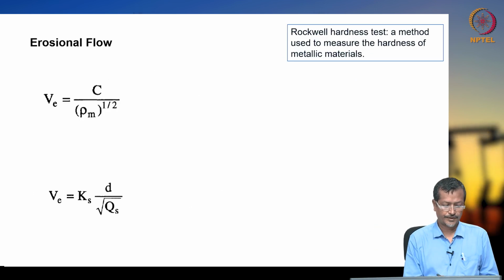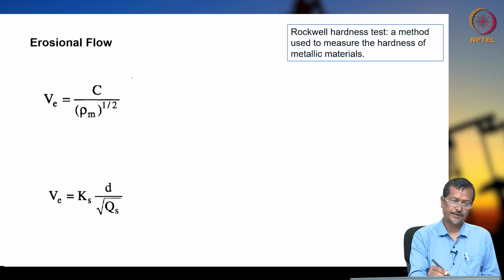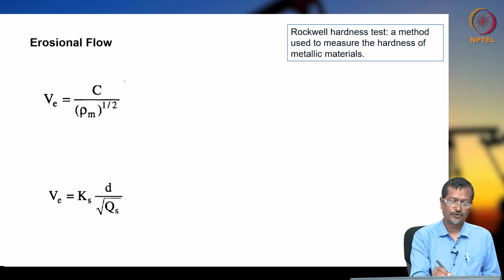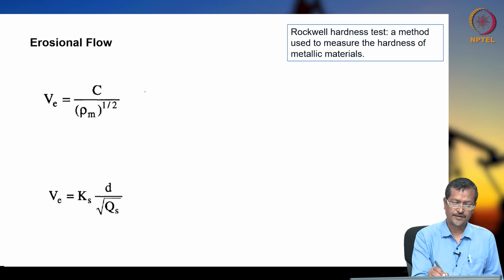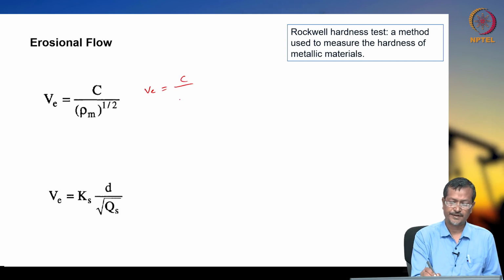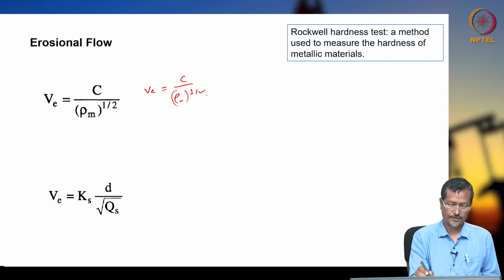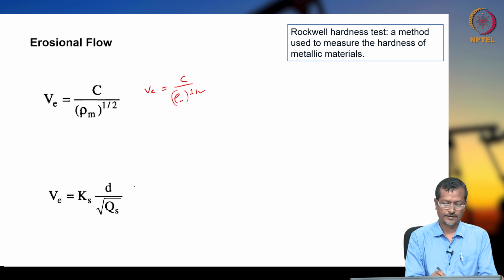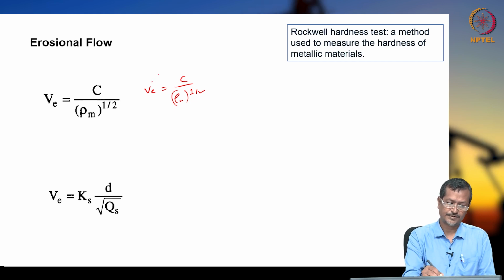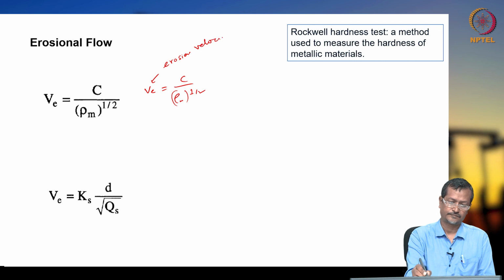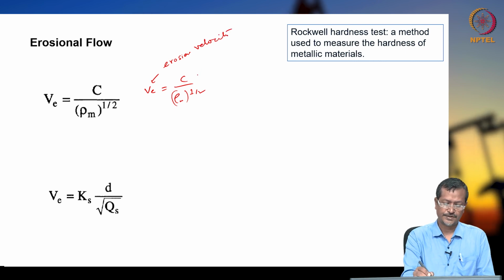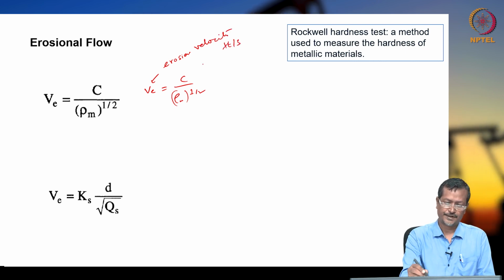When fluid is flowing through a pipe, there will be erosion. Okay, the erosion formula is like this: VE equals C divided by rho m to the power half. Okay, so what is C, what is rho? VE is the erosion velocity, in feet per second.